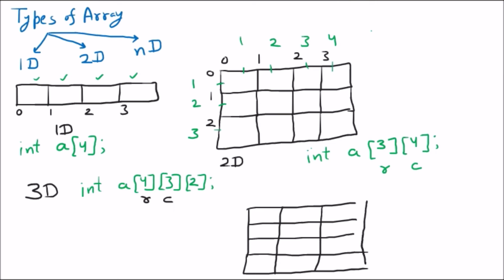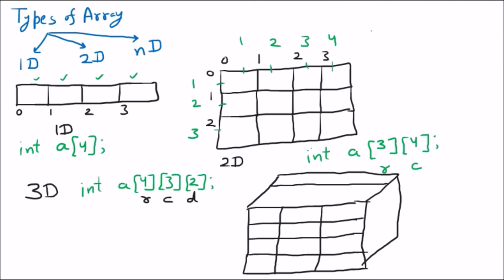These are the 3 columns. Then let us suppose this is the depth 2. So this way there will be 2 more depth. Likewise, this is 1 depth and 2 depth and they will go backward. So this is like a cube. That will be the rough declaration of the 3D array.